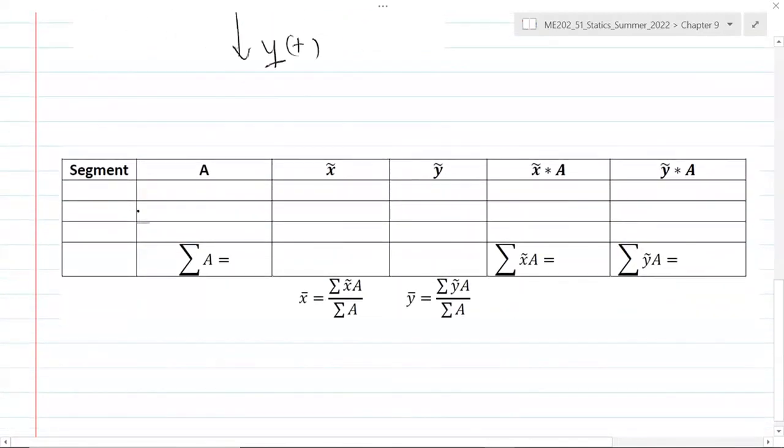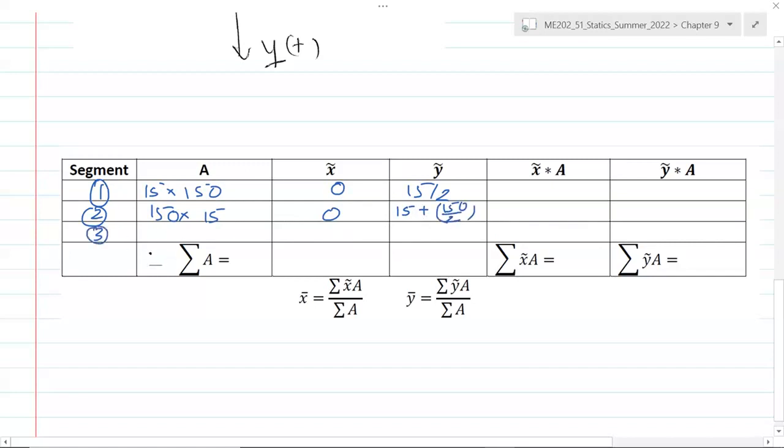So let's write down the segment number. Segment number 1, its area is 115 multiplied by 150. Its x centroid is 0 and y centroid is 15 divided by 2. For shape 2, area is 150 multiplied by 15. X centroid is 0, y centroid is 15 plus 150 divided by 2.